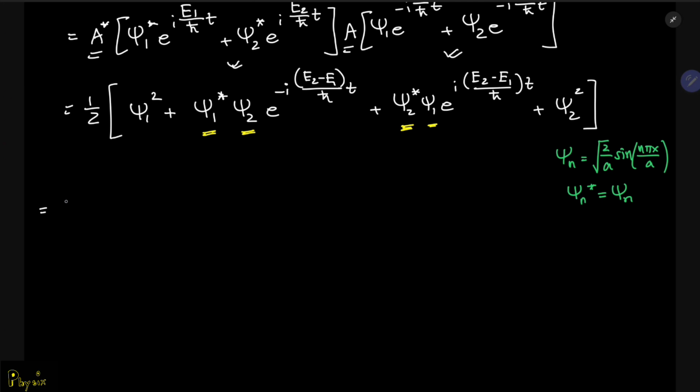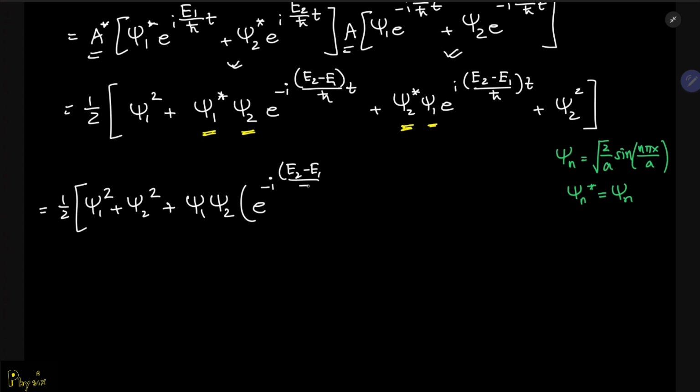So we can do further algebra and we can write this entire term down as psi 1 psi 2 times [e^(-i (E2 minus E1) t/ħ) plus e^(i (E2 minus E1) t/ħ)].